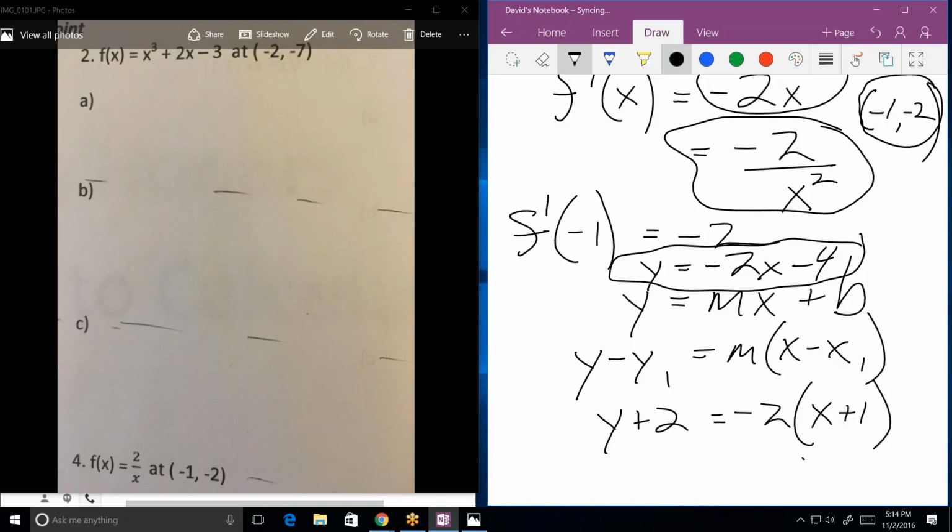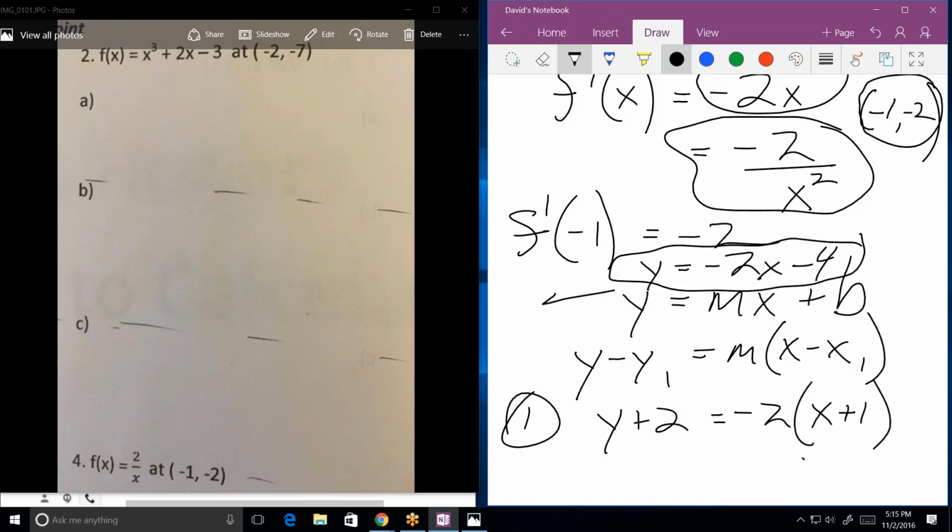There's the answer, one step. So in calculus, you repeatedly have to do this because they're always asking you for the equation of the line. And it's a one-step process when you use point slope. It's a three-step process if you have to solve for b. Either one is the same.